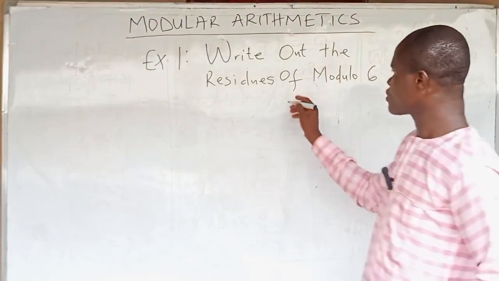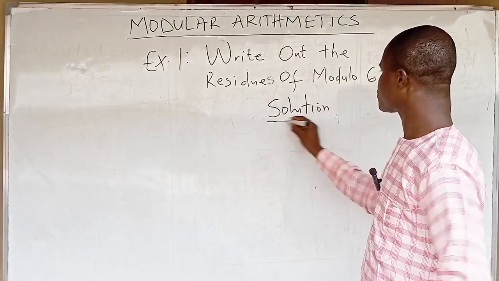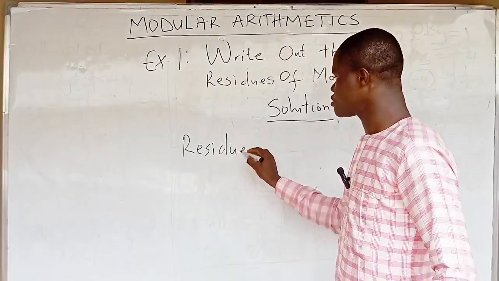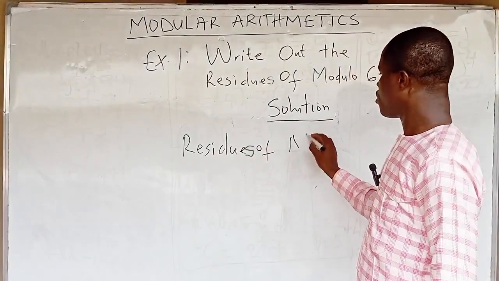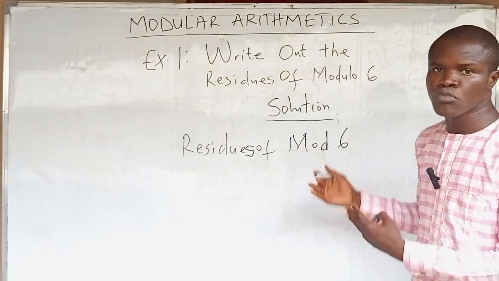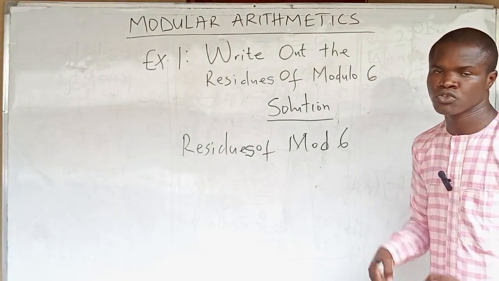The residue of modulo 6. So the short form of writing modulo is mod. So when I write mod, now I'm referring to modulo.